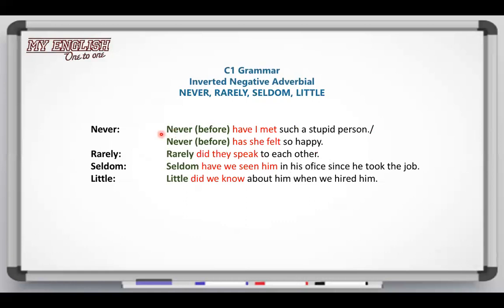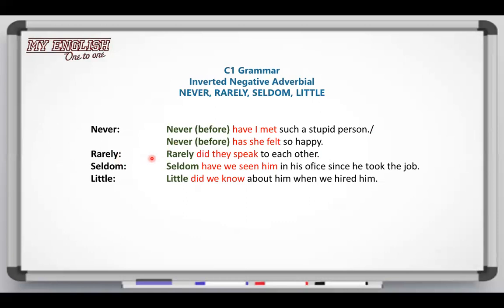Never have I met such a stupid person, or never before have I met such a stupid person. Never has she felt so happy, or never before has she felt so happy. Check. We have the adverb first, and after that we have an inversion of the sentence. In this case, it's a present perfect, and you see it's in a question format.